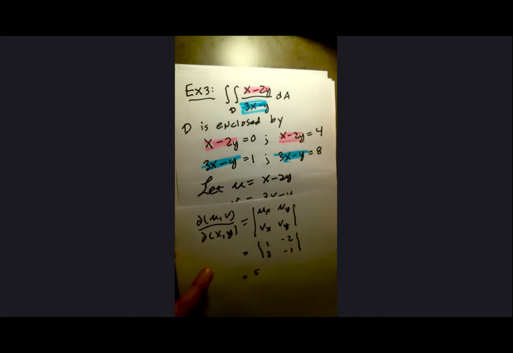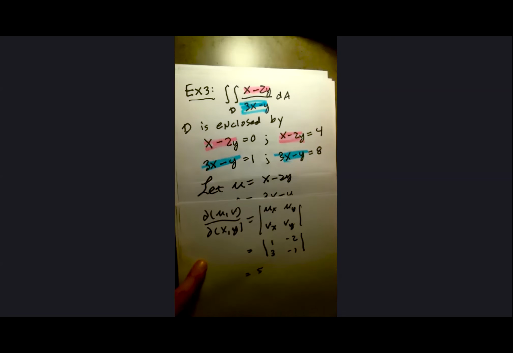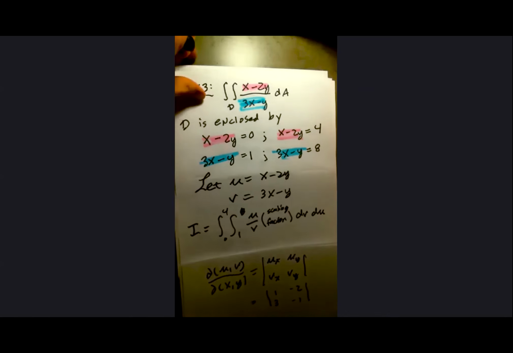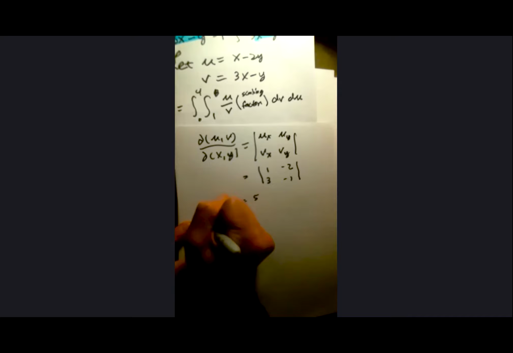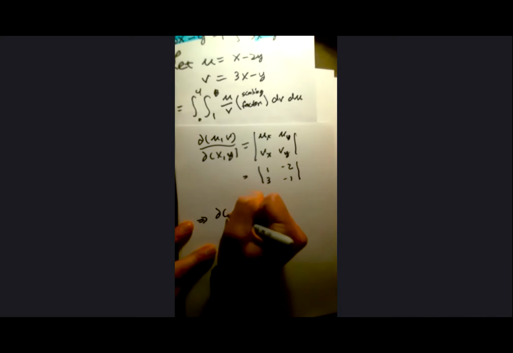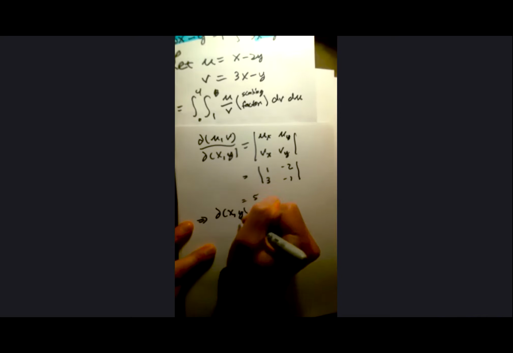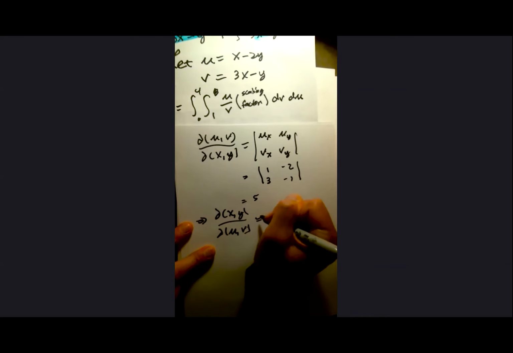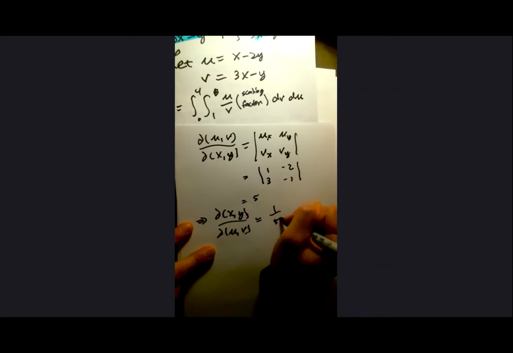So what's the scaling factor that we want? Don't we want to go from x's to u's? We want to go from x's to u's, exactly. The 1/5? Exactly, 1/5. So what we want is the Jacobian of xy with respect to uv, which is going to be 1/5.